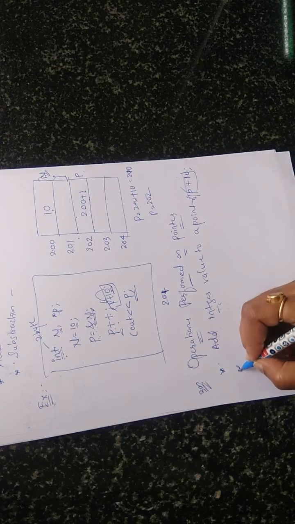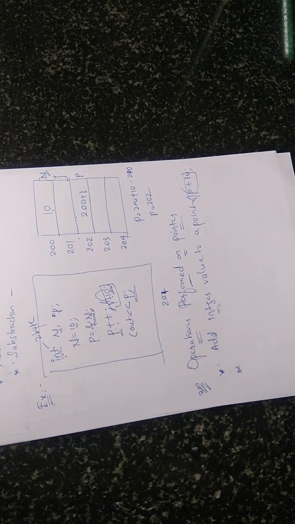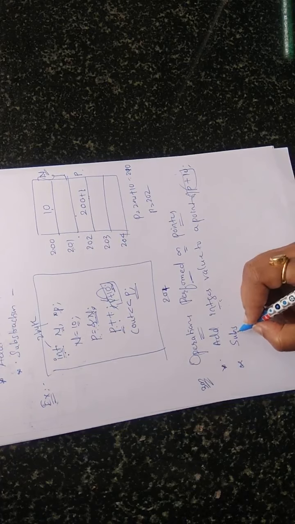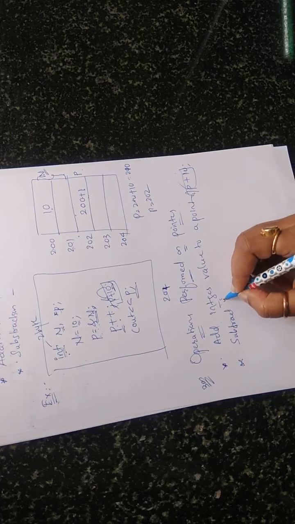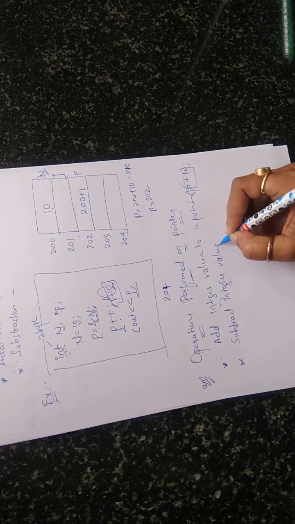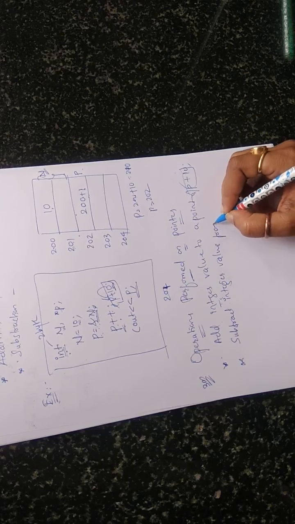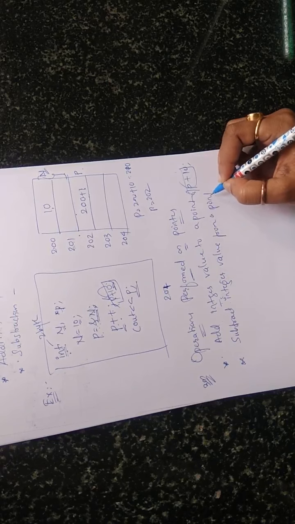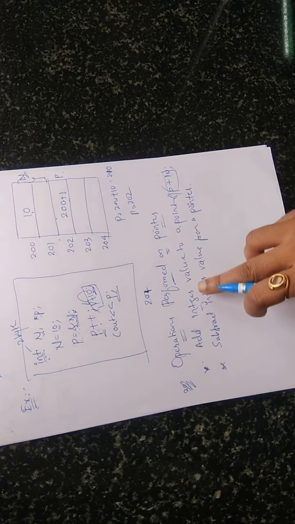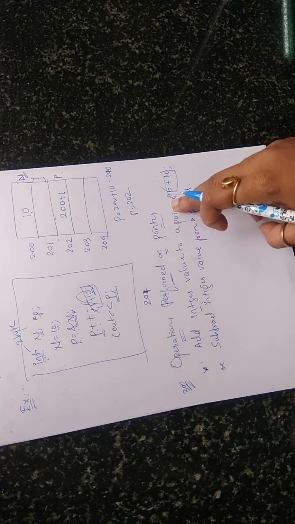So the second operation is, we can subtract an integer value from a pointer. There is a pointer variable. Now we had added some integer value to that pointer.